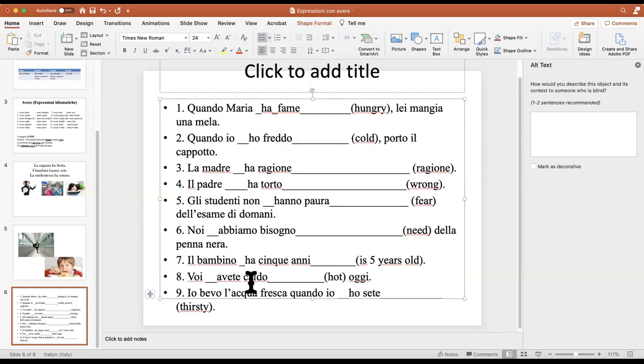Per esempio, quando voi avete caldo, this is plural, but then this is still ending in O. You know that plural adjectives do not end with O. They end in E or I if they're adjectives. But again, this one is not an adjective here. It doesn't work like an adjective. Va bene?